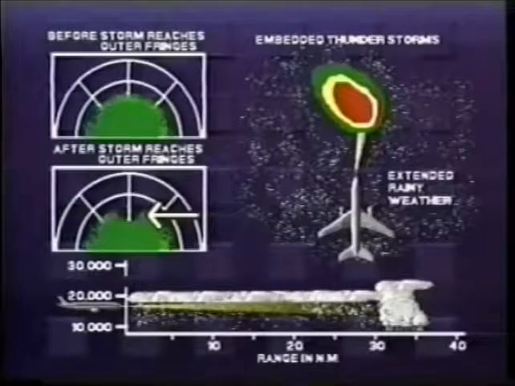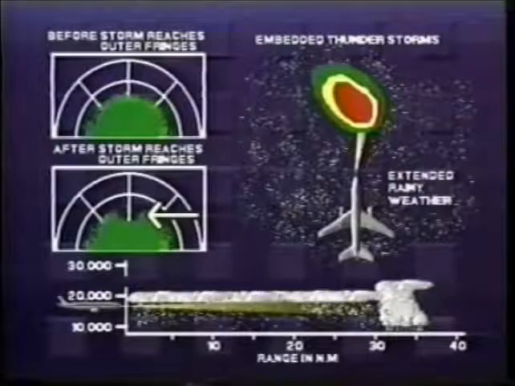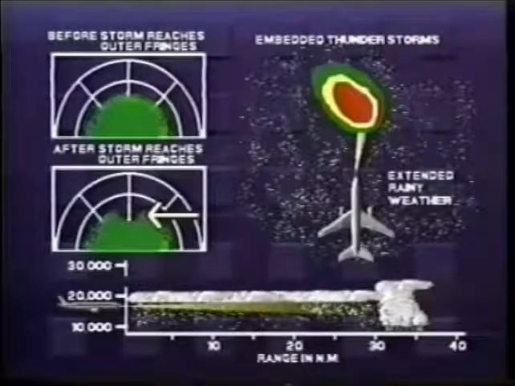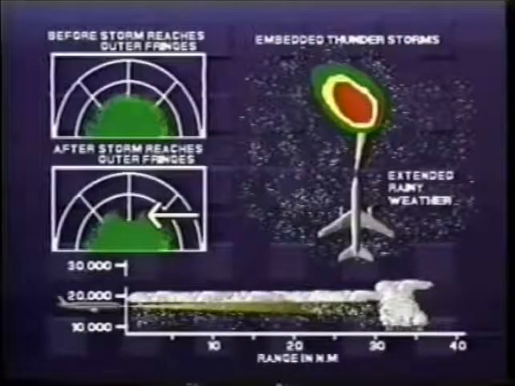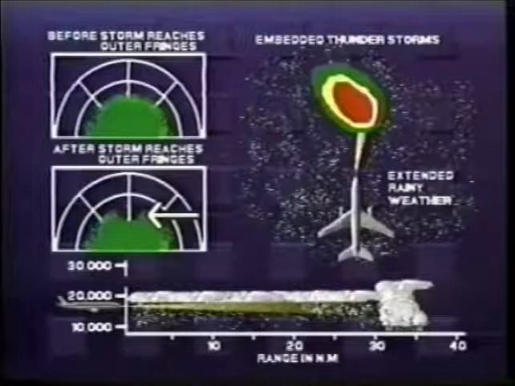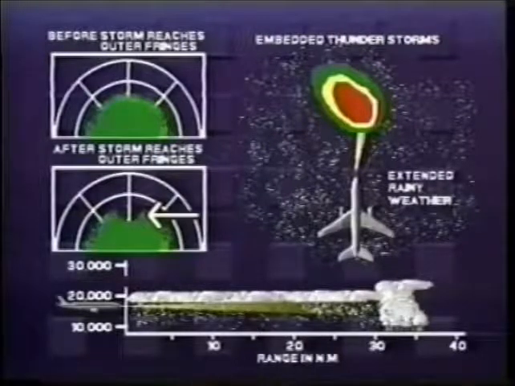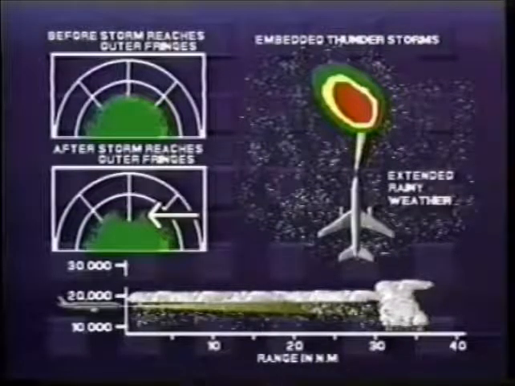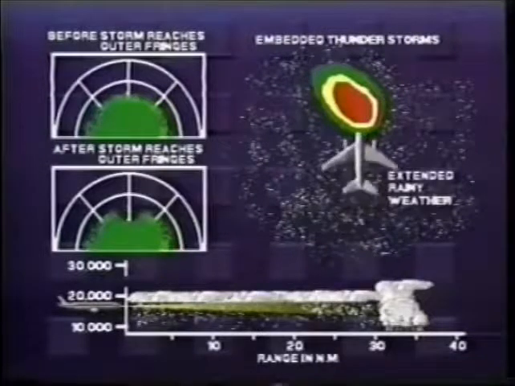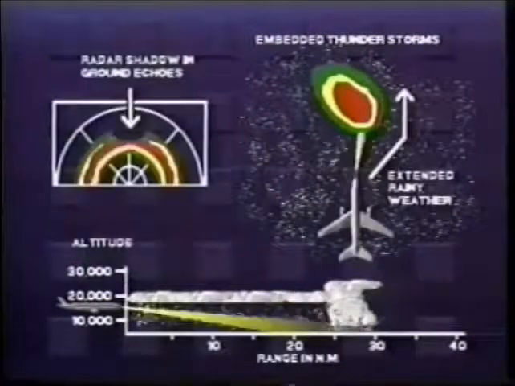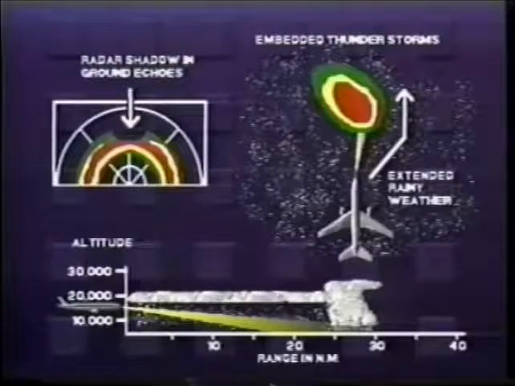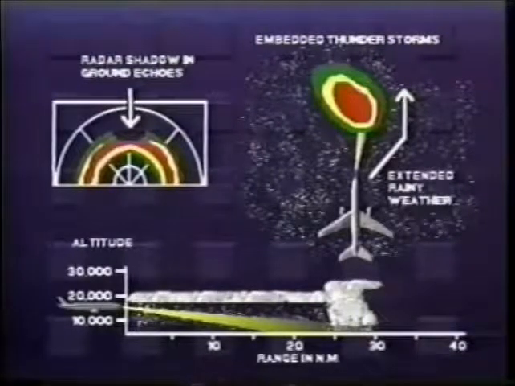Seeing this presentation, you might not realize that the crescent shape of the outer edge of the weather pattern is the result of a thunderstorm attenuating the signal and creating a radar shadow. If you mistakenly interpret that area as a clear zone, you will probably make the wrong decision to fly toward it. If, on the other hand, you adjust the radar tilt to direct the beam toward the ground, you will see this radar presentation.